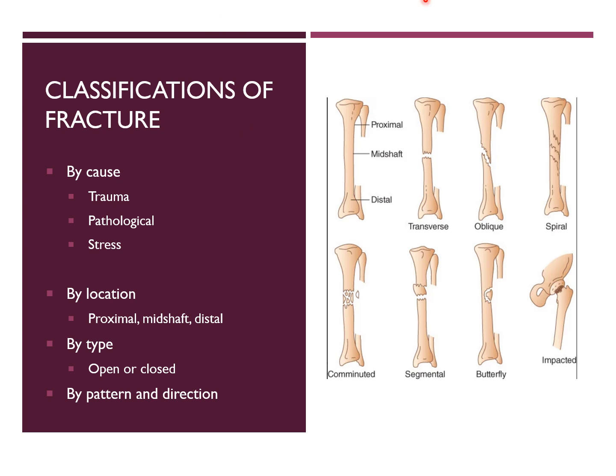So whether they're transverse, oblique or spiral, which you see here. So transverse would be straight across, oblique would be kind of an angled fracture through the bone, and spiral is just what it sounds like, kind of like the spring of a pen, usually caused by some kind of twisting motion at the time of break.